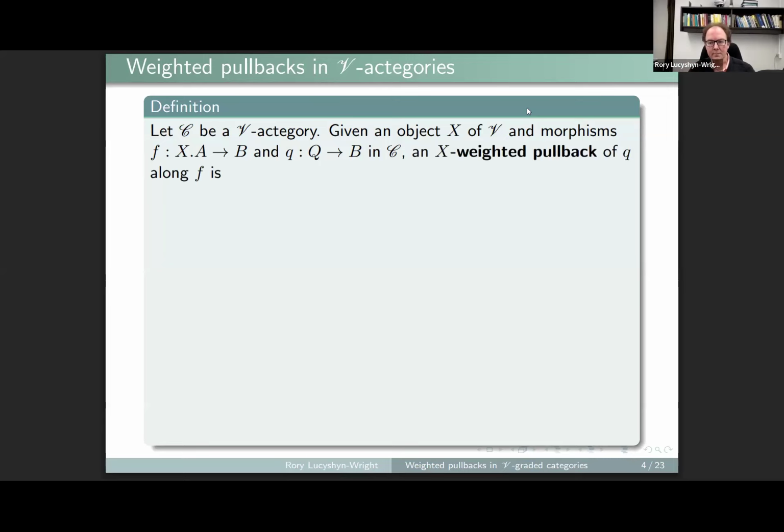So an x-weighted pullback of Q along F is an object P of C equipped with morphisms of the following forms. So P is going to be equipped with a morphism down to A. So P is an object over A, as I mentioned. And we'll ask also for a morphism F prime from x dot P to Q, which we can also think of as, in a certain sense, analogous to a pullback of F.